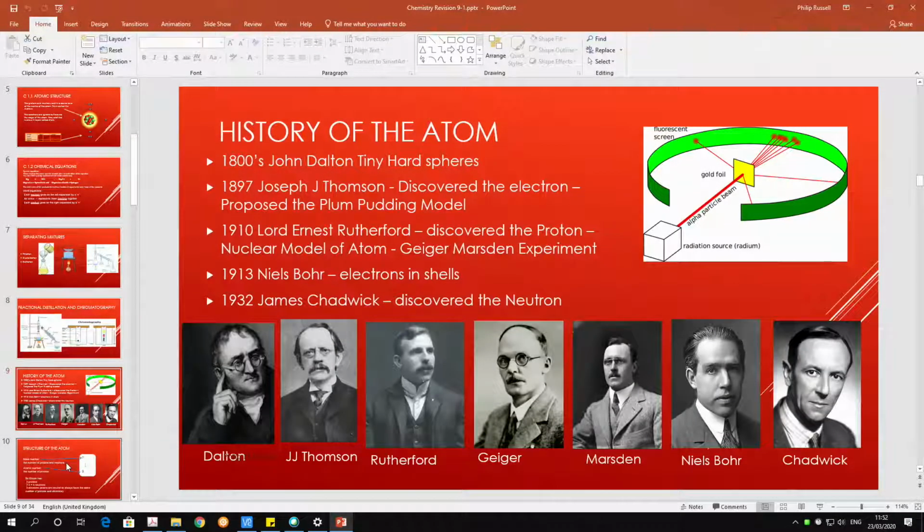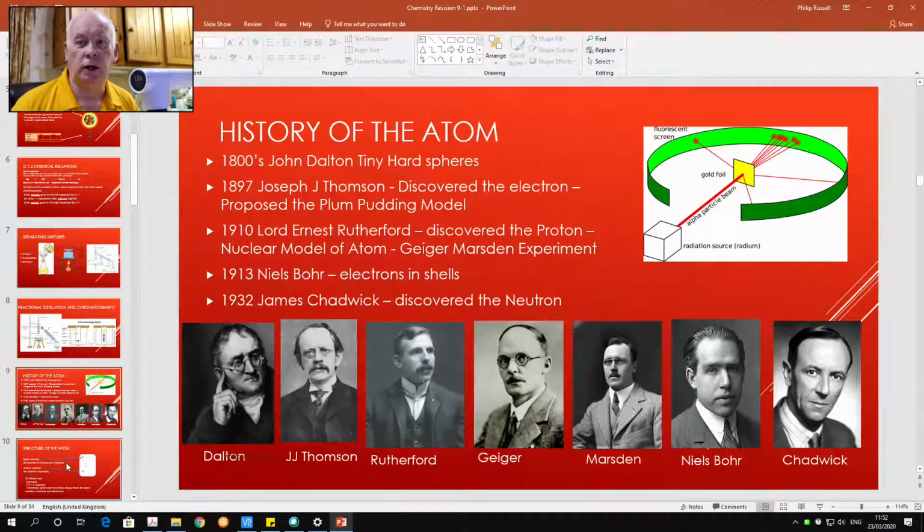This didn't last long, because by 1913, Niels Bohr refined this model using other information that he had, and said that what we knew about the atom was these electrons had to be in specific energy levels, and he called those shells.